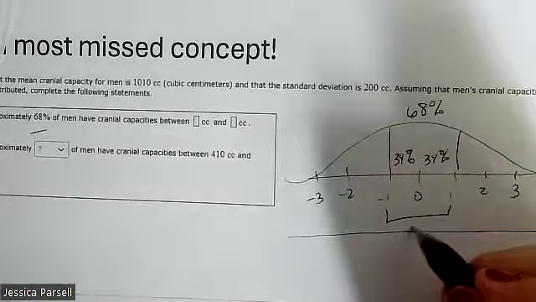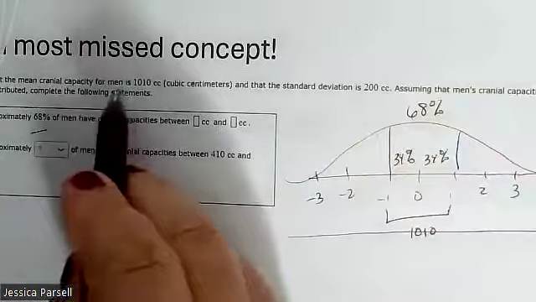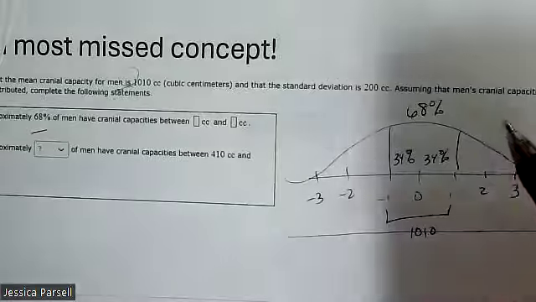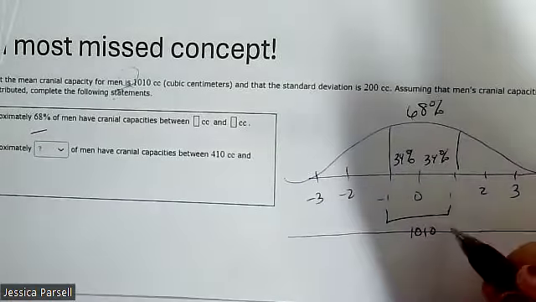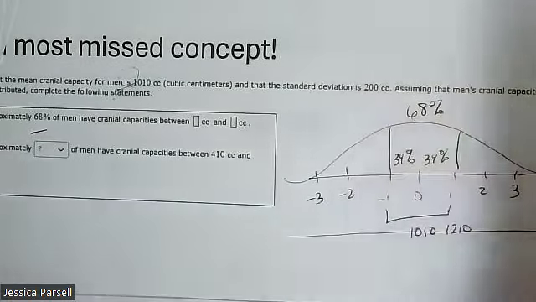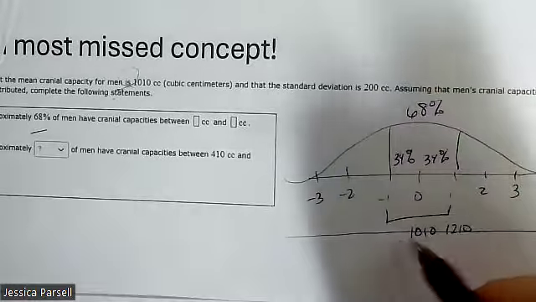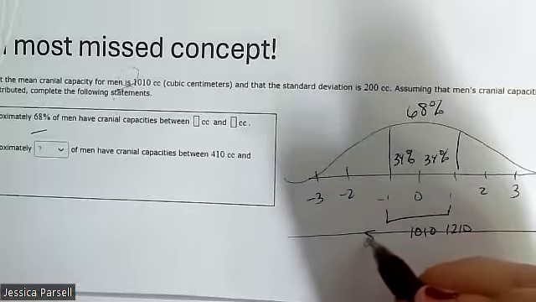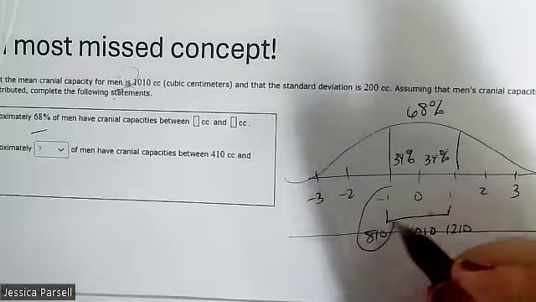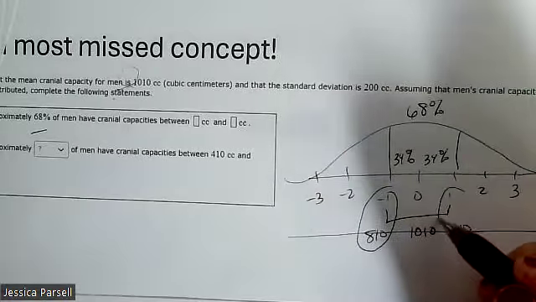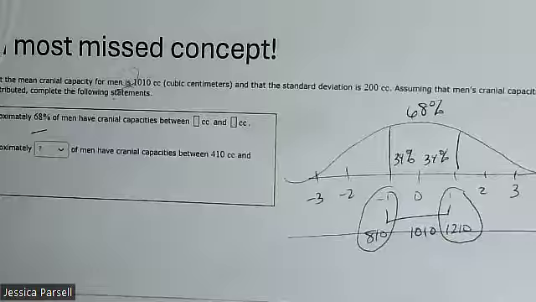So in the center, we know it's 1010, and then we can go up 200. So this would be 1210. And if we subtract 200, we'd be at 810. So 810 goes with -1, and 1210 goes with +1.